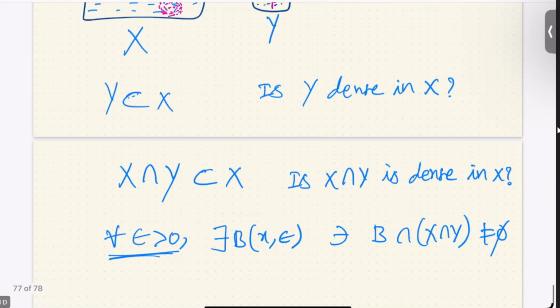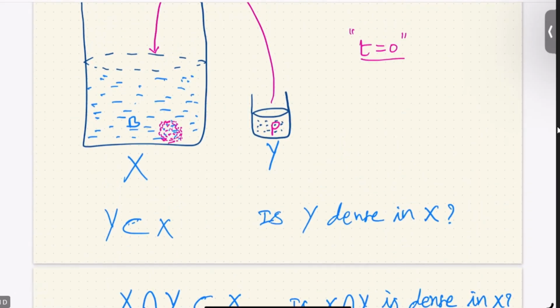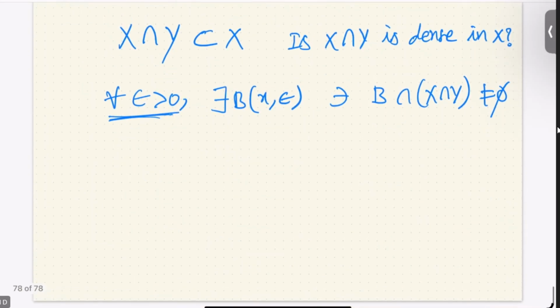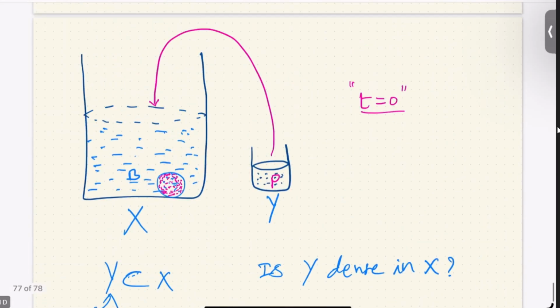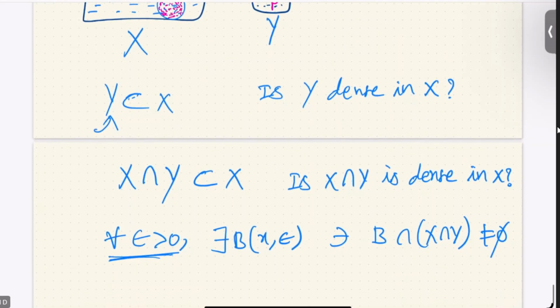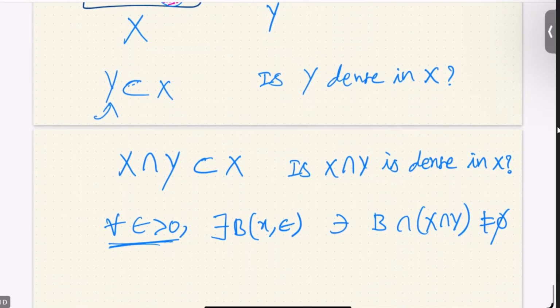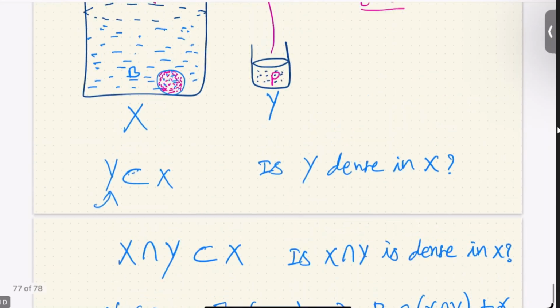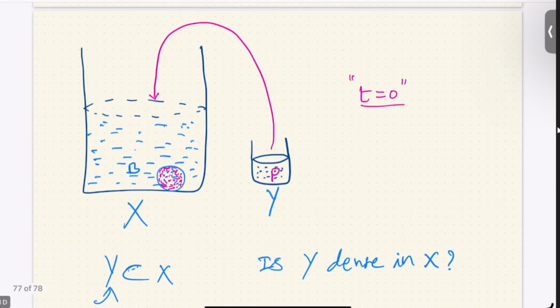Local and global: relative density is relative to a particular region, a particular portion Y, wherever Y is. In our case, Q is everywhere in R, so even if you take Q intersection R, it comes out the same. The rationals and irrationals are sitting everywhere across the real number system, so we don't find any such localness.